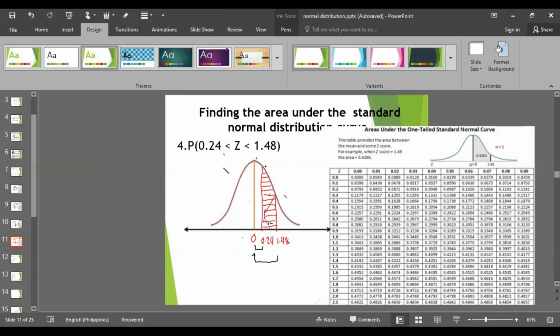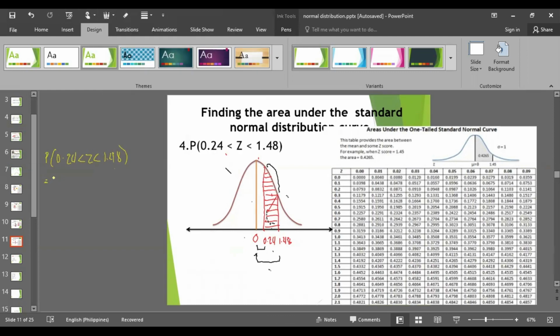Para ang matira na lang ay itong area na ito. Na yun yung kailangan nating hanapin. Itong kabuoang area from 0 hanggang 1.48, babawasan natin ng area between 0 and 0.24 para matira ay itong area na ito. Okay, let's have the computation.